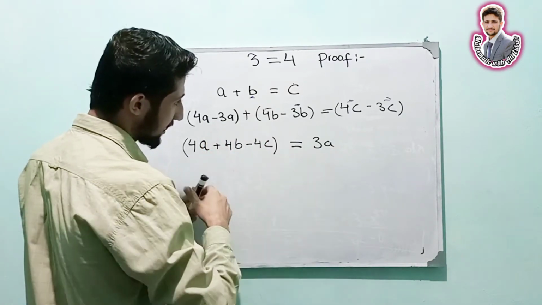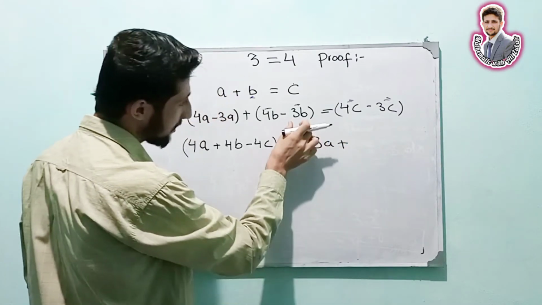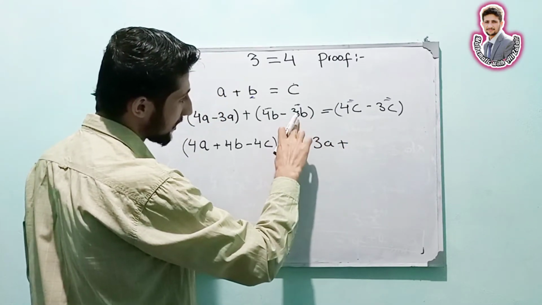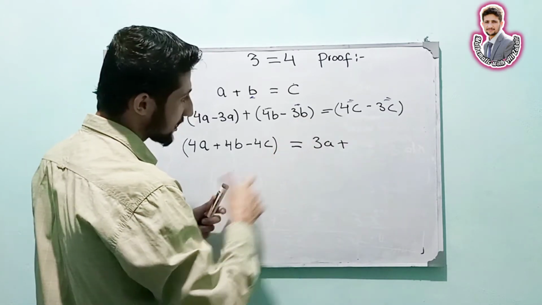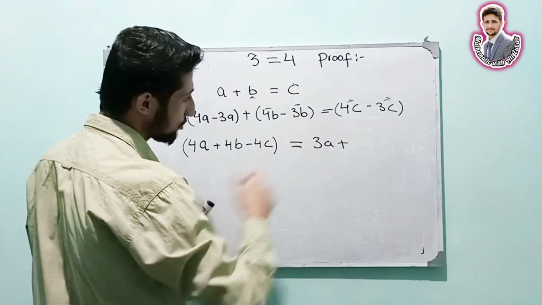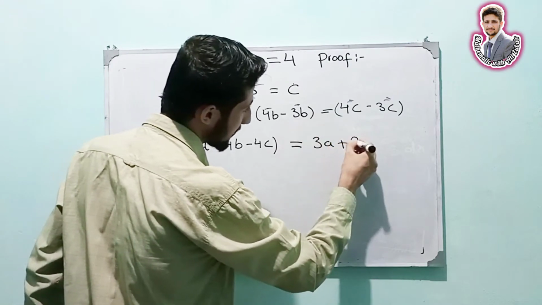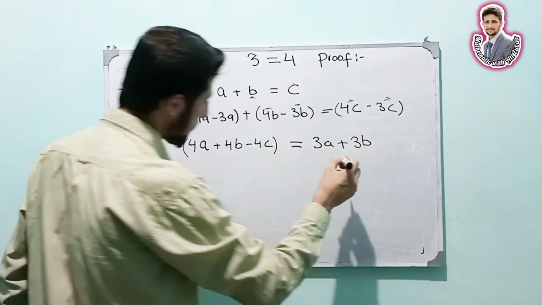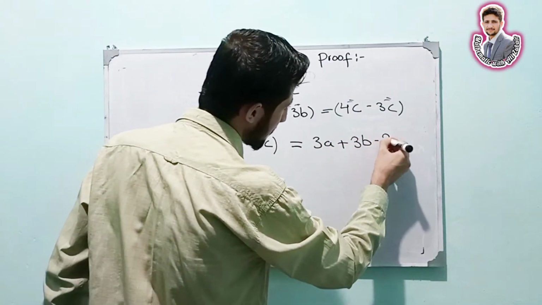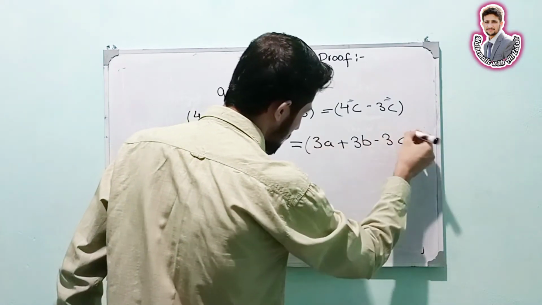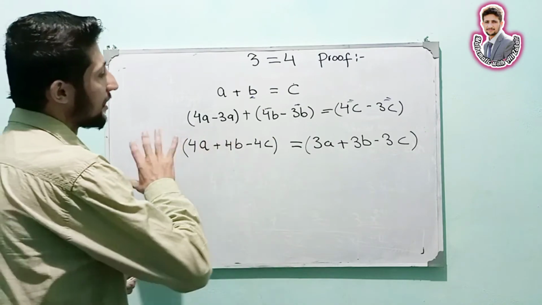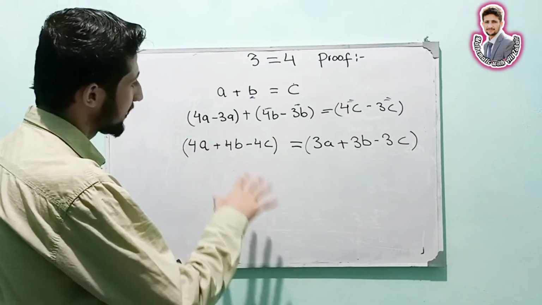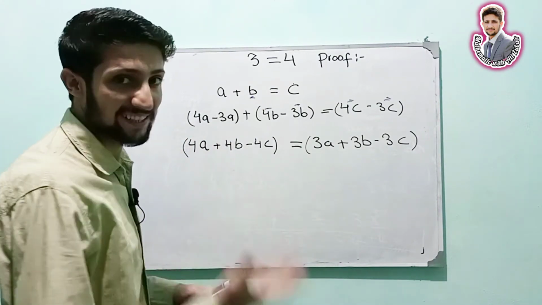So 3A, and again the same will be done with 3B. If it moves to the right side of this equation, the negative sign will change into a positive sign. 3A plus 3B and this minus 3C. So this is okay. I have rearranged the terms 4A, 3A, 4B, 3B, 4C, 3C.